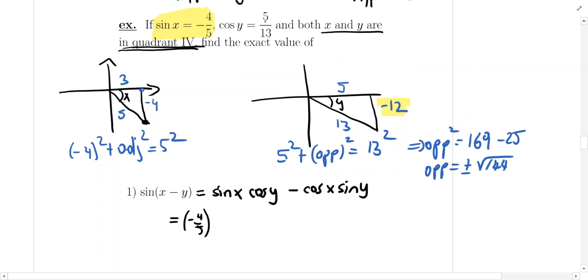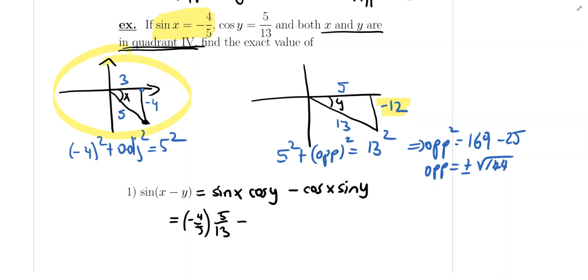Cosine of y was also given to us to be 5/13. And then minus cosine of x. Cosine of x was not given to us, but from our picture right here, cosine of x is adjacent, which is 3, over hypotenuse, which is 5.